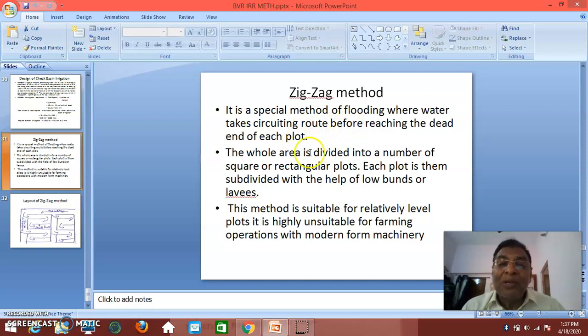Very small plots are prepared. It is a special method of flooding water. Water takes a circuitous route before reaching the dead end of each plot. The whole area is divided into a number of square or rectangular plots. Each plot is then subdivided with the help of low bunds or levees. This method is suitable for a relatively level plot.